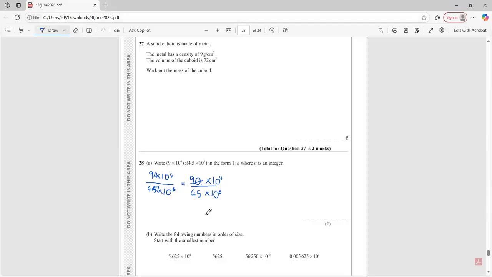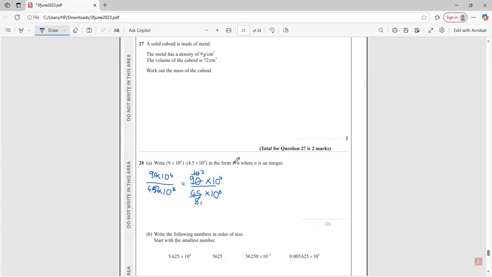So 9 will go into 90 10 times, and then 9 will go into 45 5 times. Now next thing we're going to do is to say 5 in here one time, 5 in here two times.